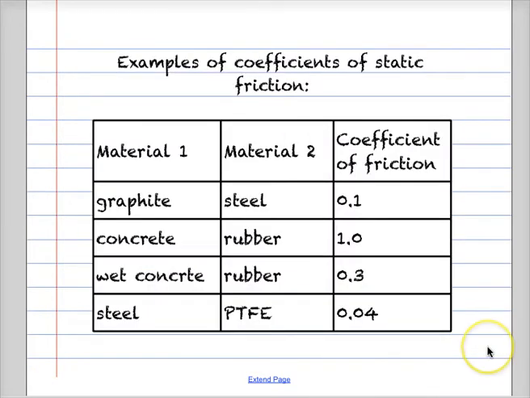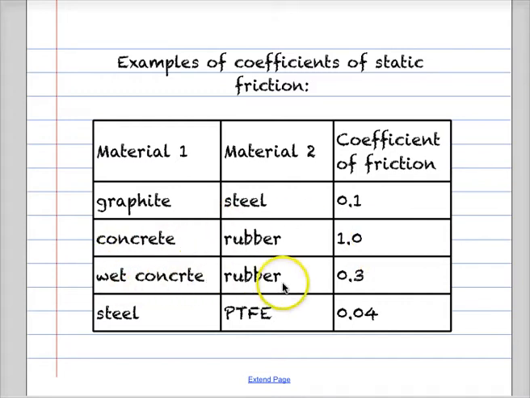So here's a table of some examples of coefficients of friction. Graphite, like pencil lead on steel, has a very low coefficient of friction, 0.1. Concrete on rubber, for example a rubber-soled shoe walking on the sidewalk, is much higher, around 1. We need that because we don't want to slip over. This is why we use rubber-soled shoes, as opposed to graphite-soled shoes maybe.